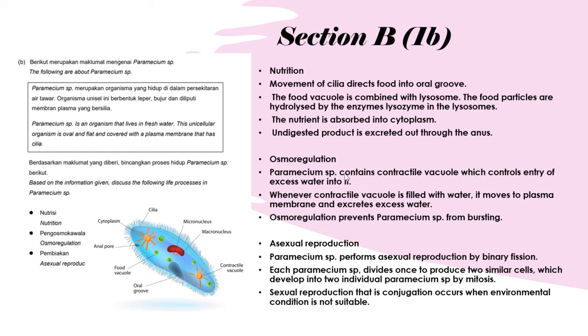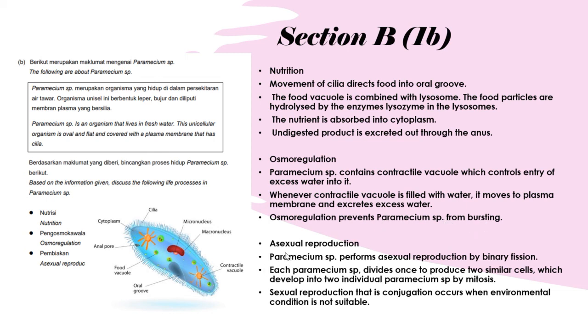Whenever there is excess water, the contractile vacuole will absorb the water, and when it is at maximum size, it will move to the plasma membrane and excrete the excess water. So when osmoregulation occurs, it prevents the paramecium from bursting, right?